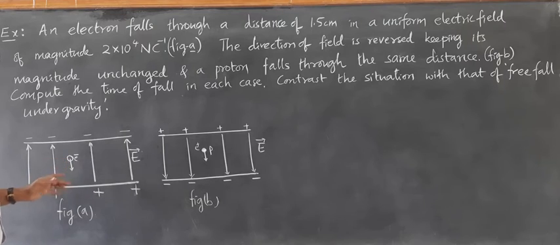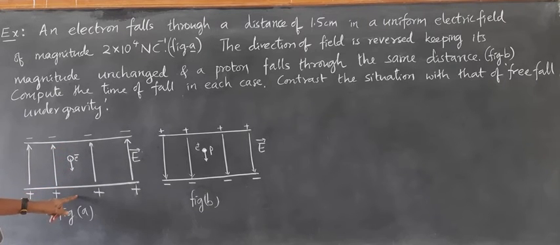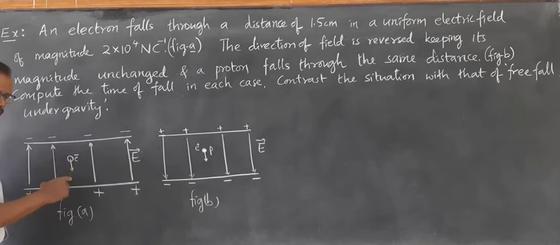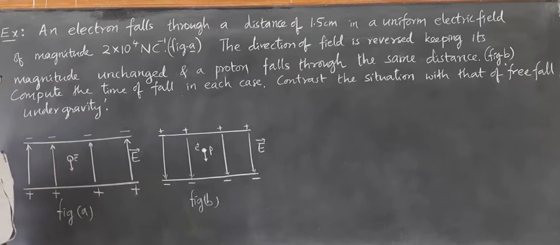first of all, look at this. The electric field is vertically upwards, but the electron being negatively charged, it gets accelerated towards the positively charged plate. As it falls down, it undergoes acceleration. Its speed keeps on increasing because it is attracted towards the positively charged plate.